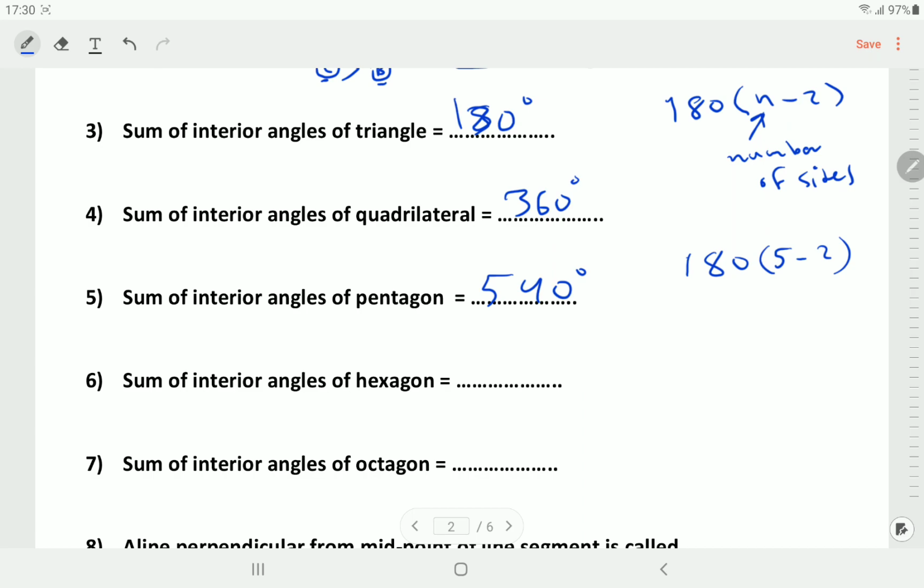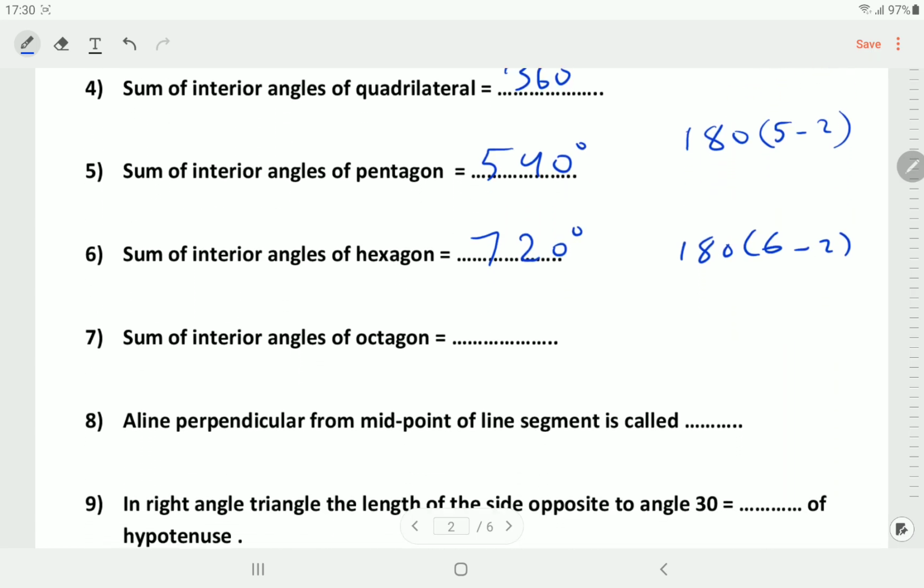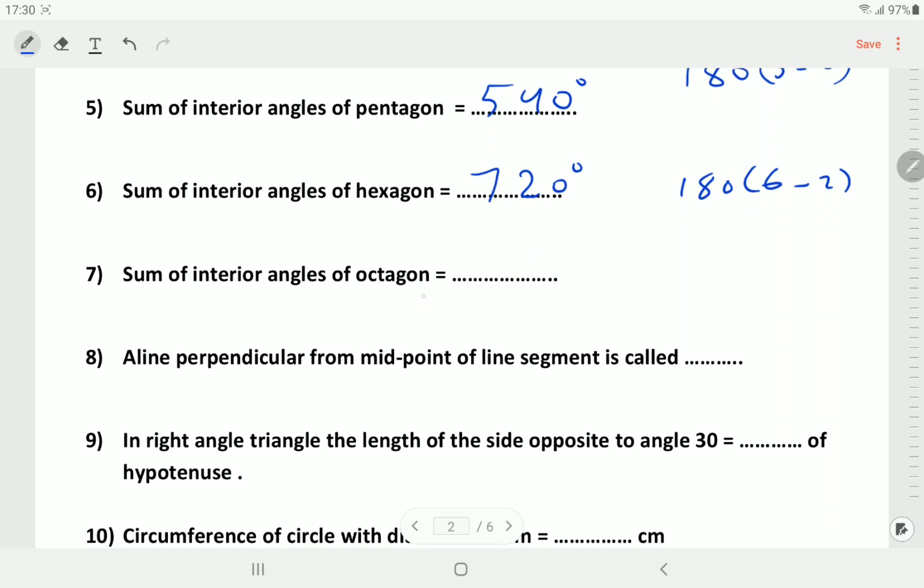And what about the hexagon? In the hexagon, we can write 180 times, and here in the hexagon 6 sides. Then 6 minus 2 equals 4. 4 times 180 equals 720 degrees. And what about the sum of interior angles in an octagon?